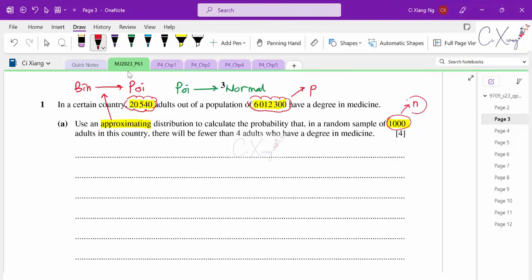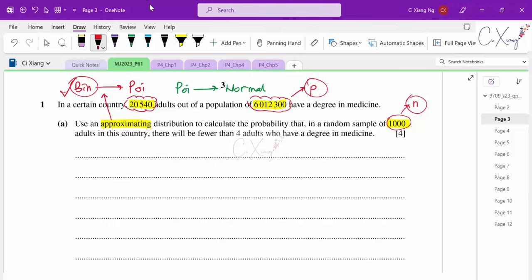When we have the n and also the p, basically we can have a binomial distribution. So that means originally for this question, it should be binomially distributed. And after that, we can change it become Poisson according to certain criteria, right? So for this question, we are using binomial to Poisson instead of Poisson to normal. So we have binomial originally, and we want to change it become Poisson to answer the question.